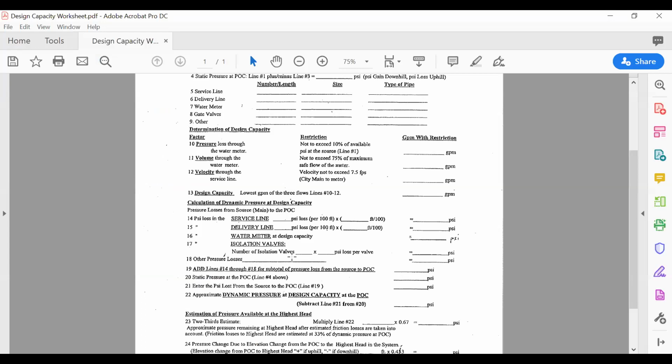How'd you get 3.1? I have to be missing something. 0.89, 0.45, and 1.8. Where'd you get the 0.89 from?